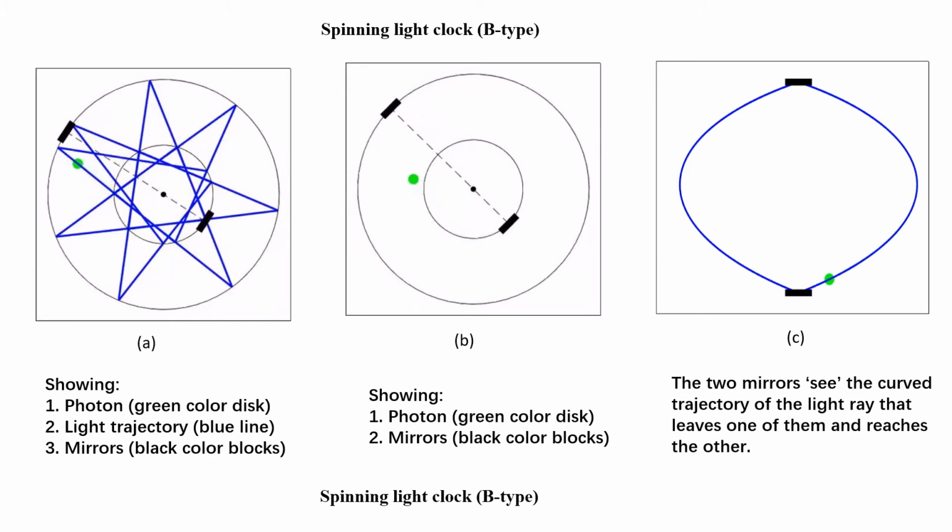The light ray leaves one of the two mirrors and reaches the other mirror. So here we can see this kind of pattern can also construct a light clock. We call it a B-type spinning light clock.